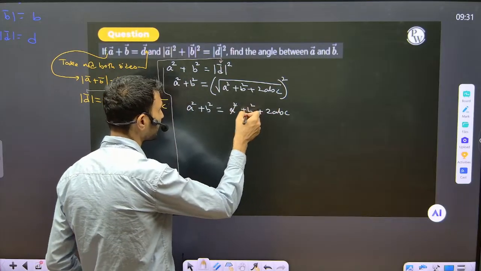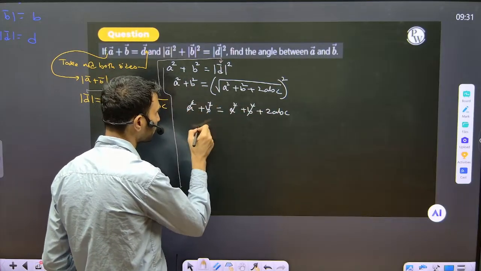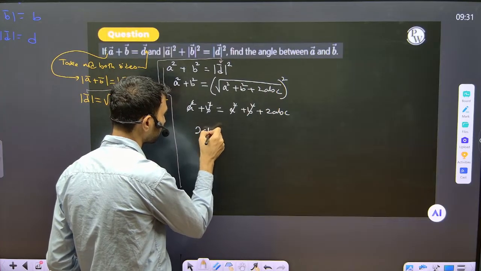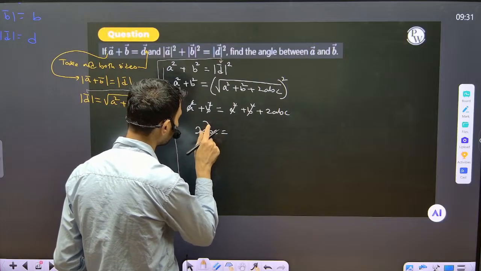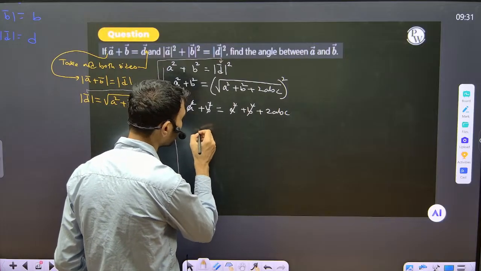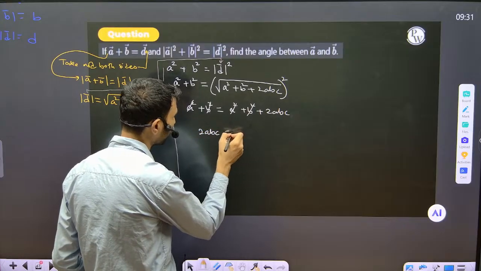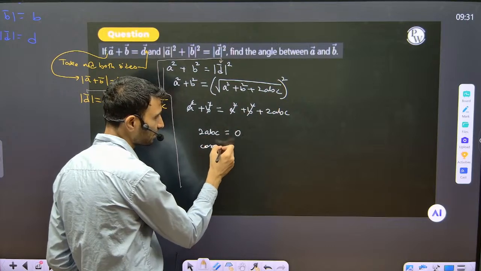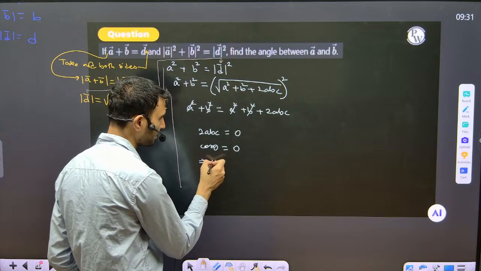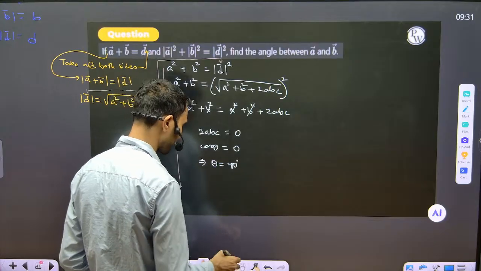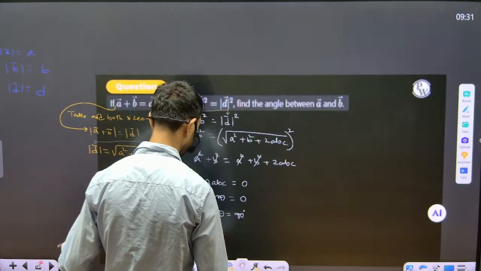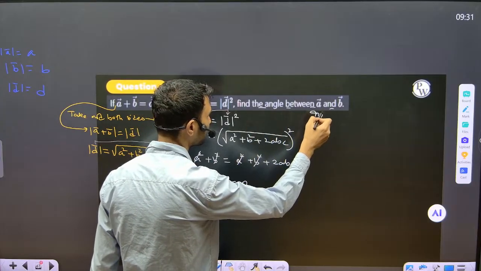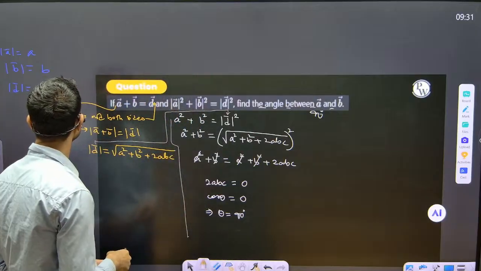And of course this gets cancelled, giving you 2AB cos theta is equal to how much? The value is coming out to be equal to 0, right? So cos theta is coming out to be 0. That means theta must be how much? 90 degrees. If theta is 90 degrees, the angle between A and B is 90 degrees. So take this down.